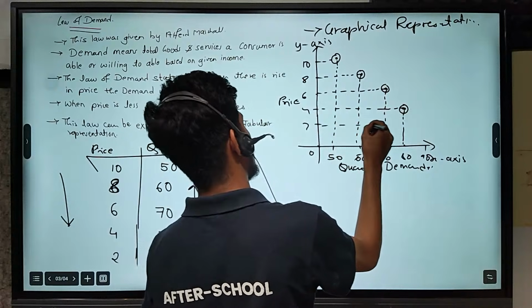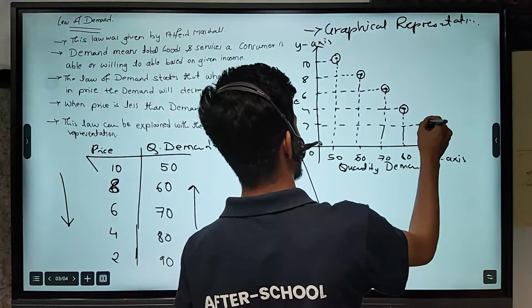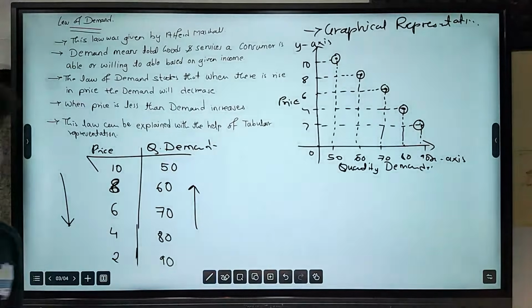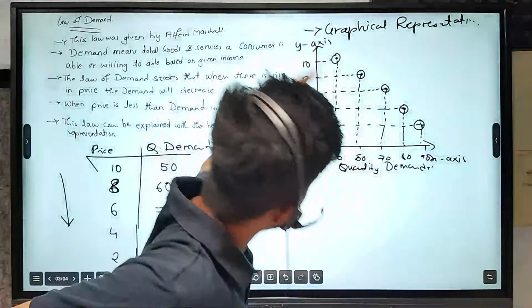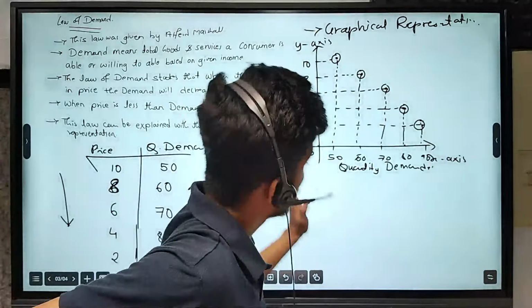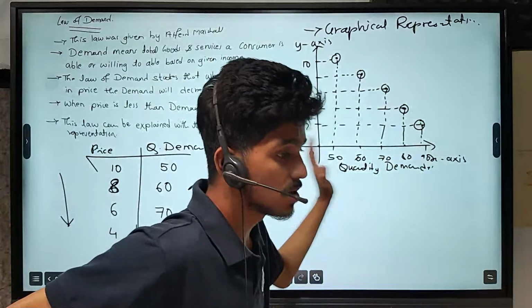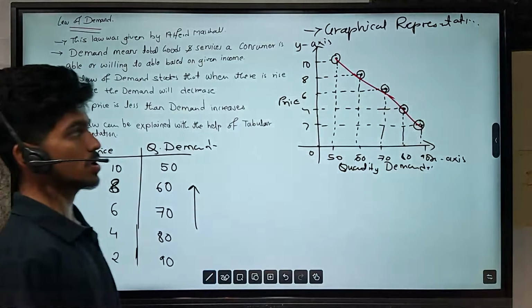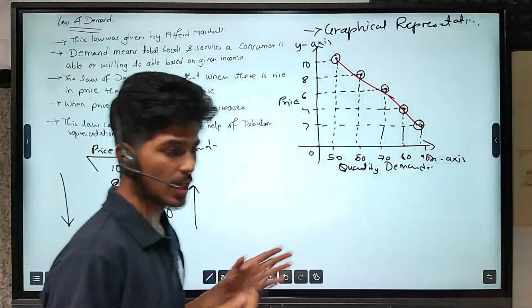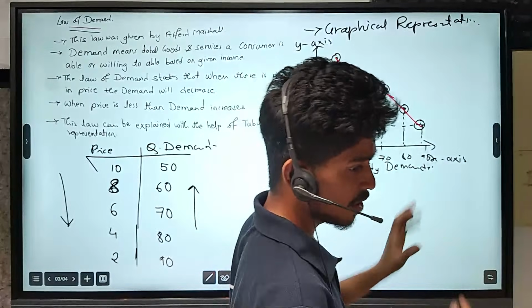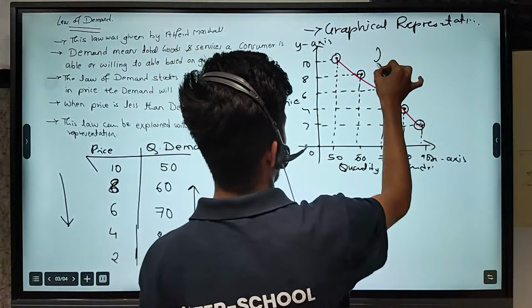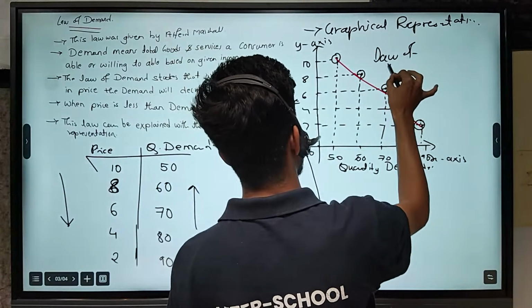And when the price was 2, the quantity demanded was 90. From this graph we understood that as the price decreases, quantity demanded increases. You have to attach all these points. When you draw with a proper scale it will come up like a straight line. Now I'm drawing freehand so it is not coming proper. Here you can write the law of demand like this.